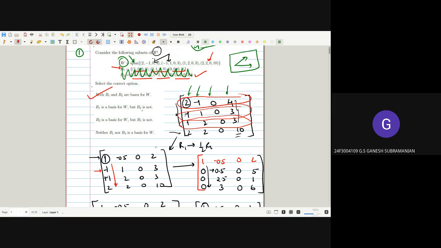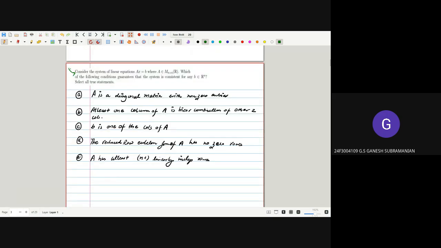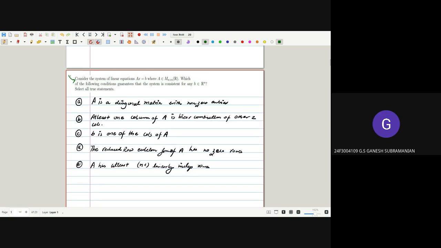Sir, one more doubt. Yep. Sir, the span of any set is a subspace. So the dimension will always be less than the dimension of the entire space, isn't it? No, it depends.